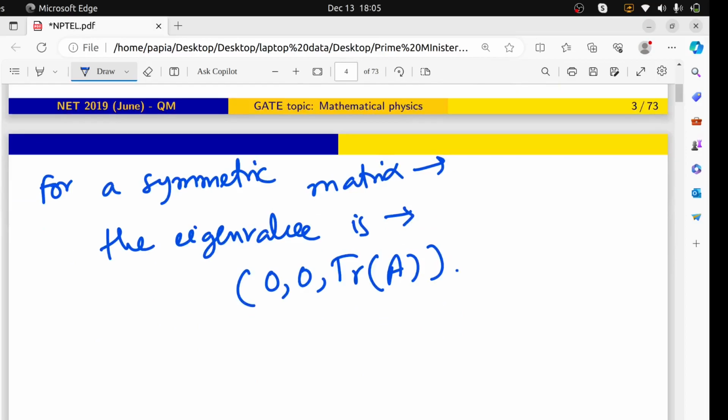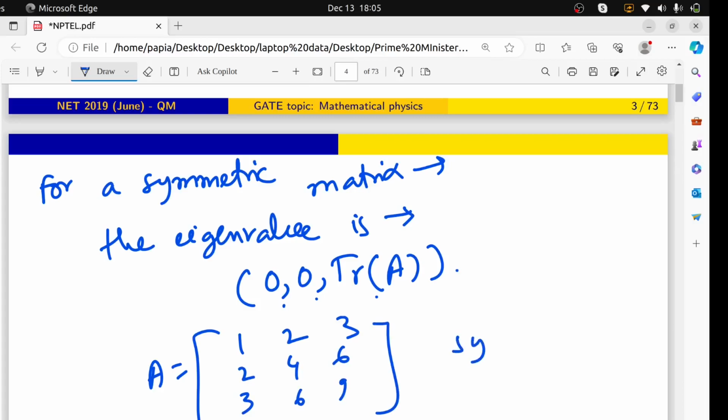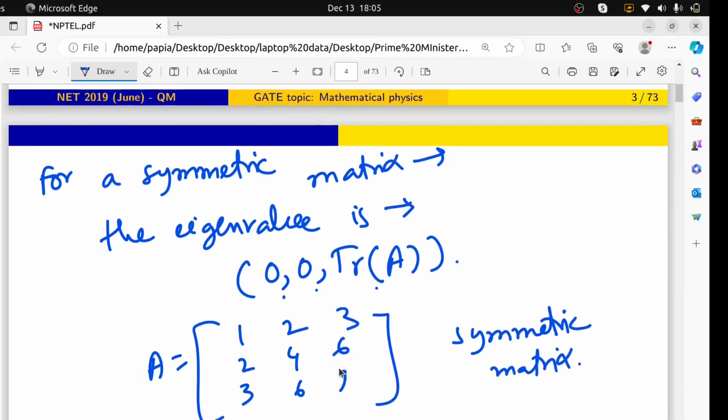For such a symmetric matrix, the eigenvalues are 0, 0, and the trace of it. You can prove it with the help of any such symmetric matrix. So now for this case, you can see 1, 2, 3, 2, 4, 6, 3, 6, 9. This is a symmetric matrix. So what will be the eigenvalues for that?